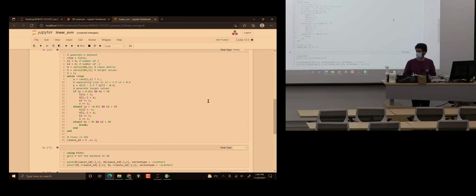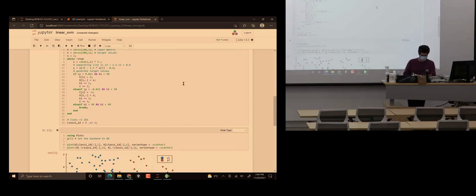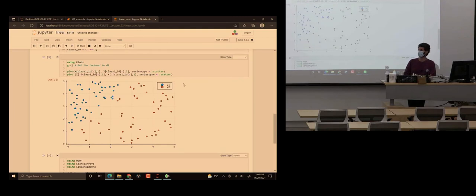Because it's 2D, I can also visualize and see the output. This is the data set I generated. Now, you play with it, change the numbers, you will get different data points. See if you can break it, because if you mix up these points, this classifier will break down. That's what I'm going to do next time. That's why it's going to be soft margin.